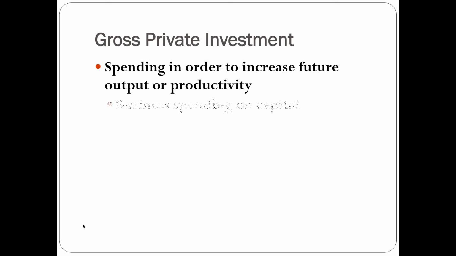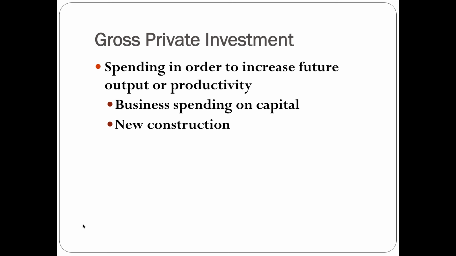So here are some examples. You have business spending on capital. Remember, capital is tools, factories, etc. New construction, for example, the construction of new homes that can be rented out, would be included in gross private investment. Then there are changes in unsold inventory.